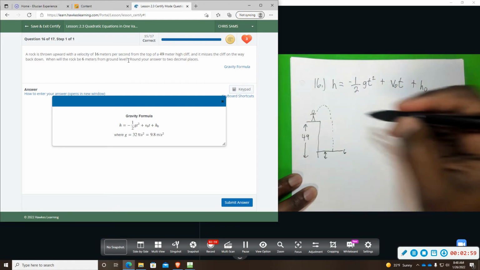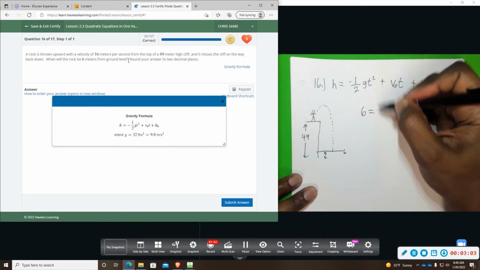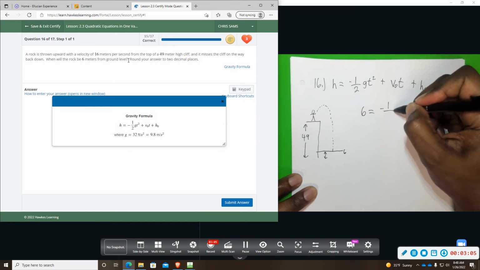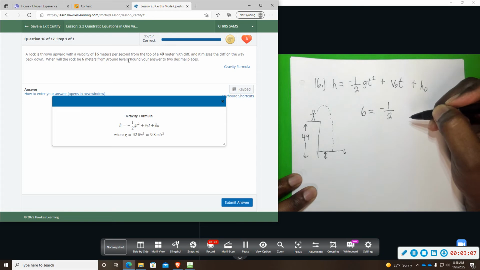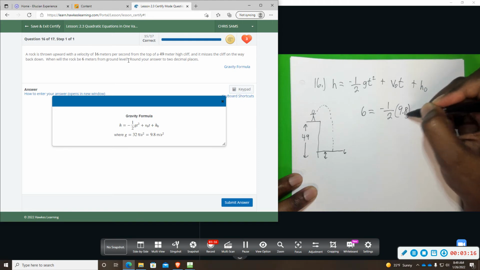So we're going to plug all that in. I want to know when 6, the height, is the height. We have negative 1/2, and then the gravity we're going to use is 9.8, so 1/2 times 9.8 for gravity.